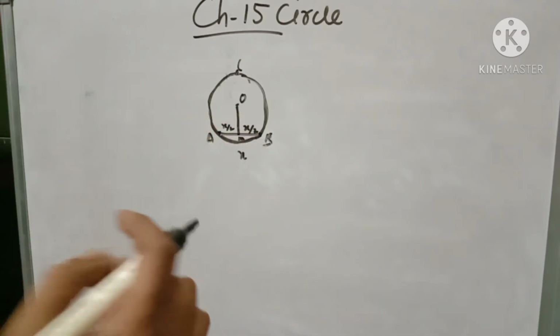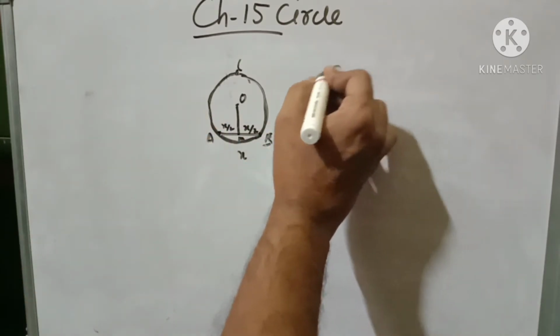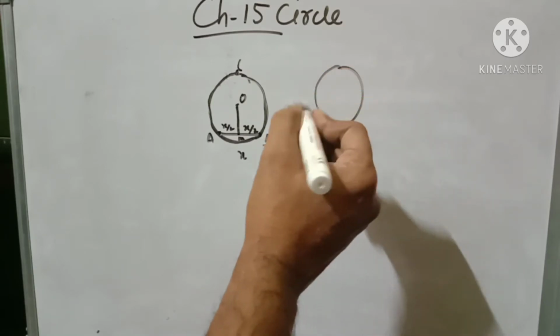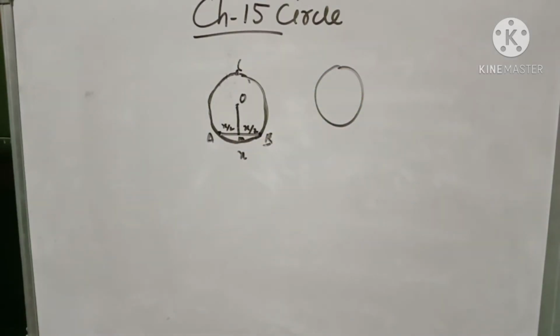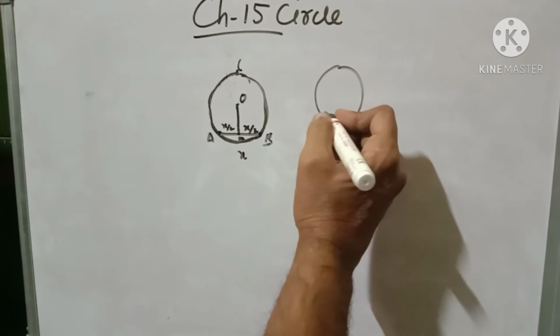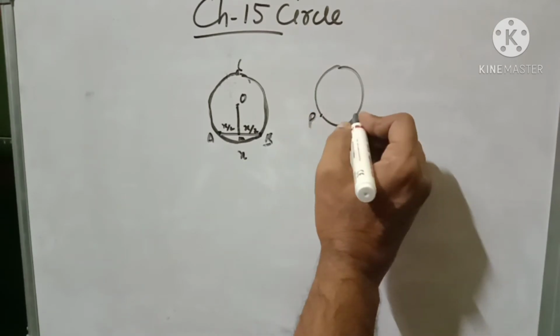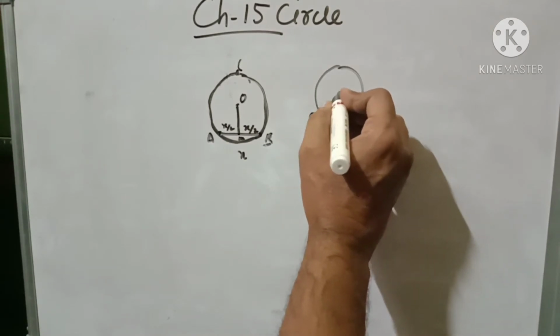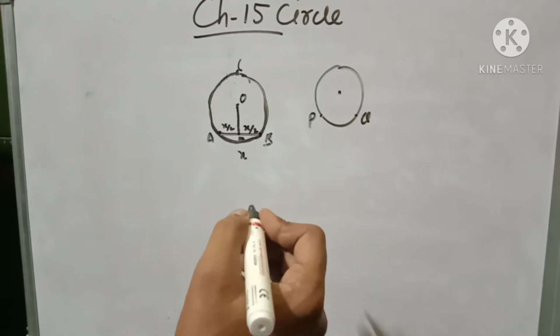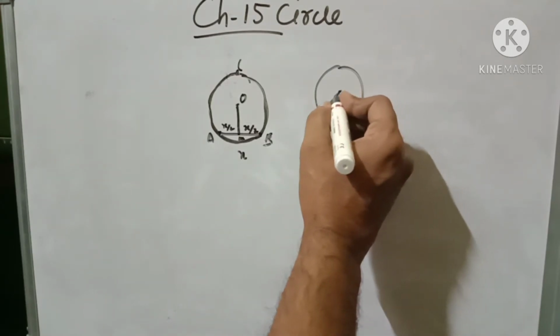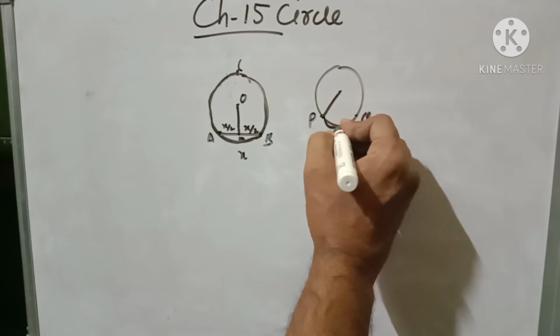Suppose here you draw one circle. Suppose one arc, this is P and this is Q, and this is the center O. From the center O you draw lines to the arc PQ.